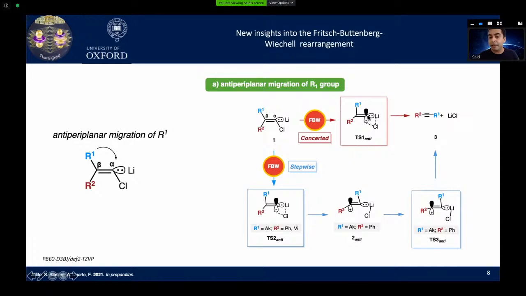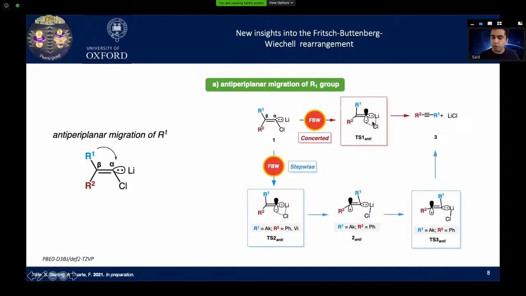And the reaction proceeds with the simultaneous migration of the R1 group and the ionization of the chloride-carbon bond in order to form the corresponding acetylene.